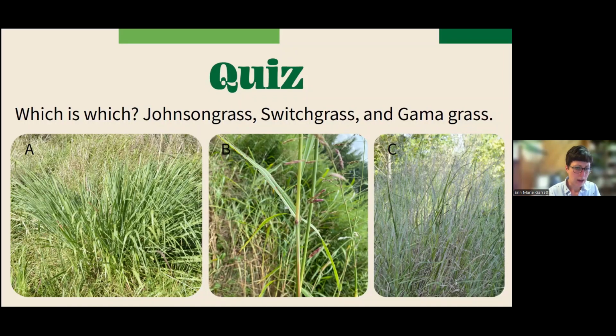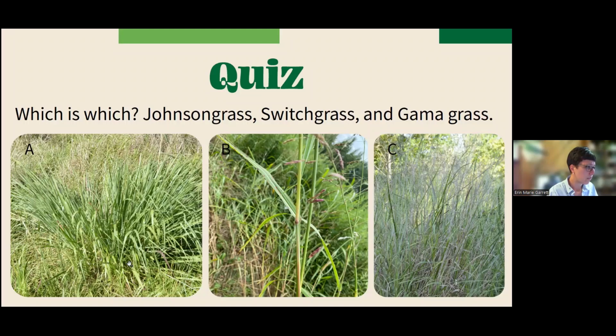Okay. The gamma grass and the Johnson grass are typically confused when they're in their vegetative form. You can see in the gamma, there's some red, blue, purpley color on the tips of the leaves. So you might think, I remember Erin said the leaves look kind of sickly, maybe that's what that is.